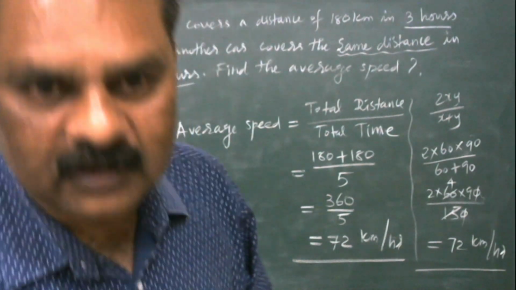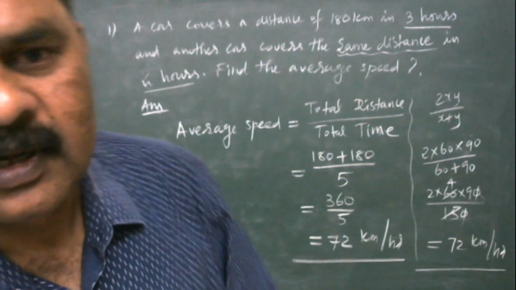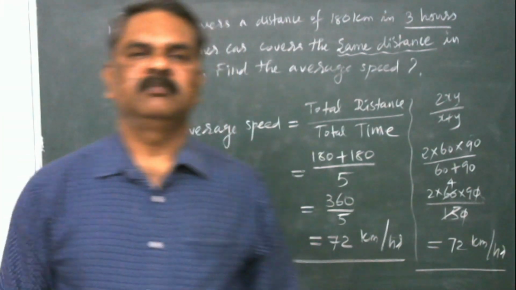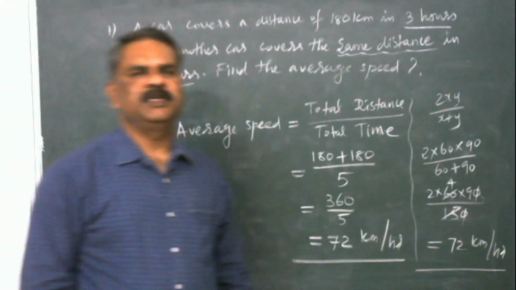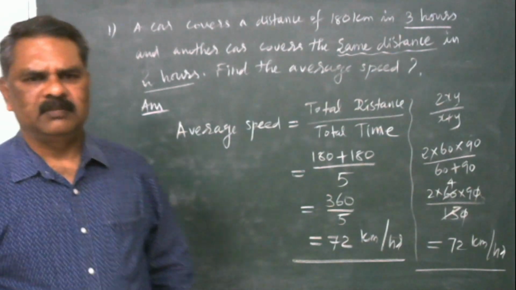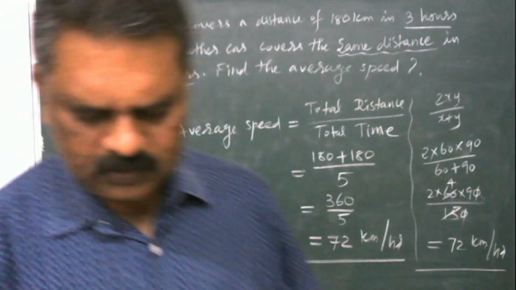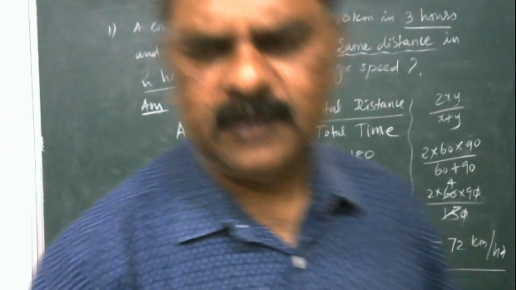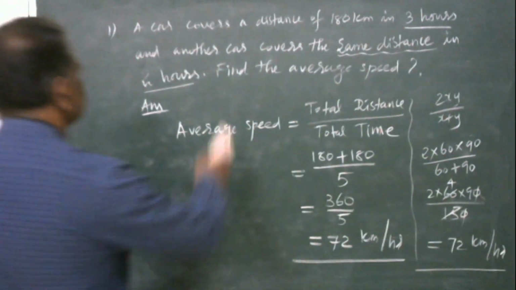So that's all we have for speed, distance and time. With the help of these concepts, you can solve any type of problems. Now let me move on to a very important concept.